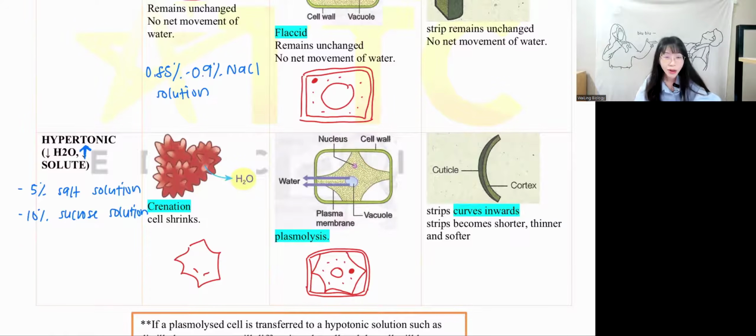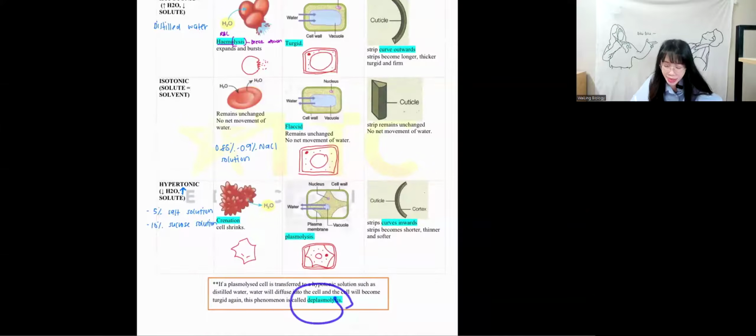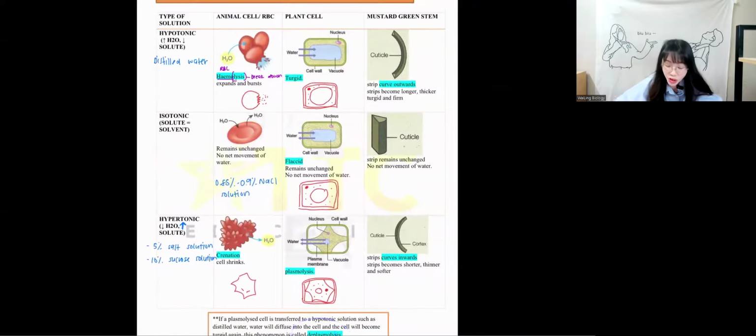Of course you can. How can you do it? Correct, you put water inside, right? You can put water, you can reverse the diagram. By putting water in the plant, the reverse process is known as deplasmolysis. Deplasmolysis is where you reverse it.